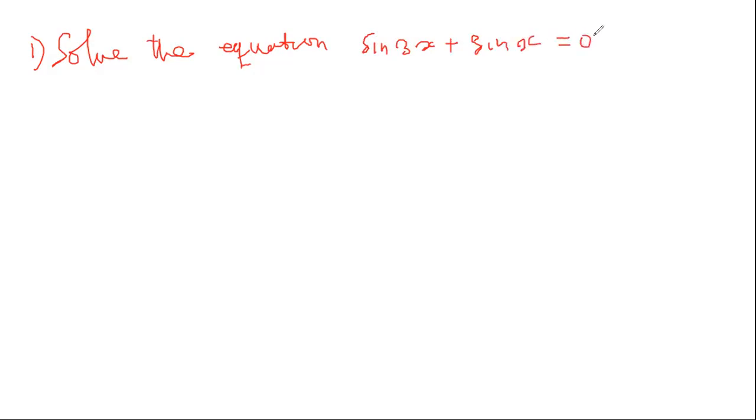So we are going to solve the first part, solve the equation: sine of 3x plus sine x is equal to 0, for theta between -180 to 180 degrees. So who can guide us on what we are going to do?